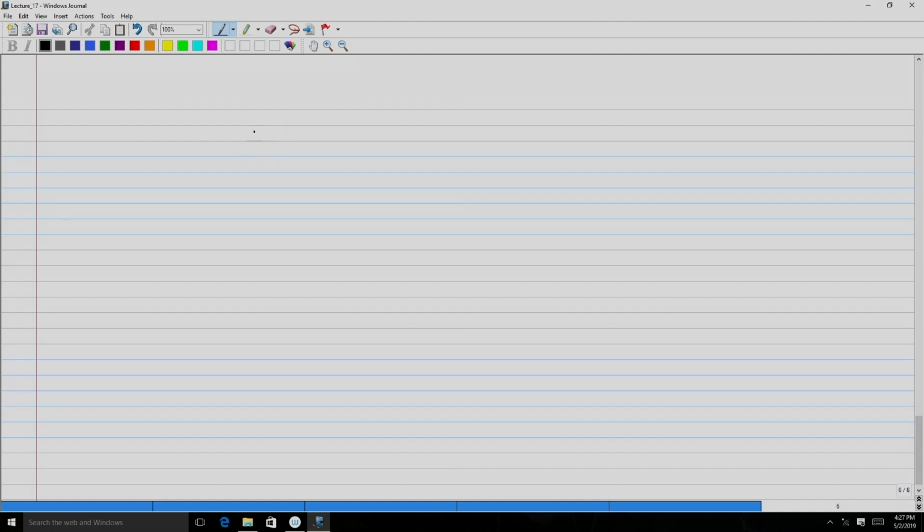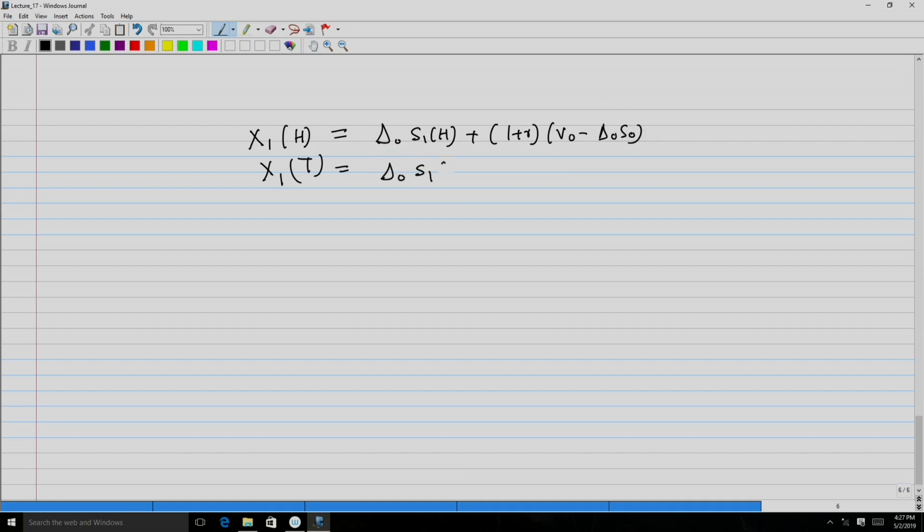So, what are these two values? This is contingent on the outcome of the first coin toss, which could either be head or tail. So, accordingly, the values of x1 under these two possible outcomes of the coin toss are delta naught into S1 of h plus 1 plus R, V naught minus delta naught S naught, and delta naught S1 of t plus 1 plus R into V naught minus delta naught S naught.